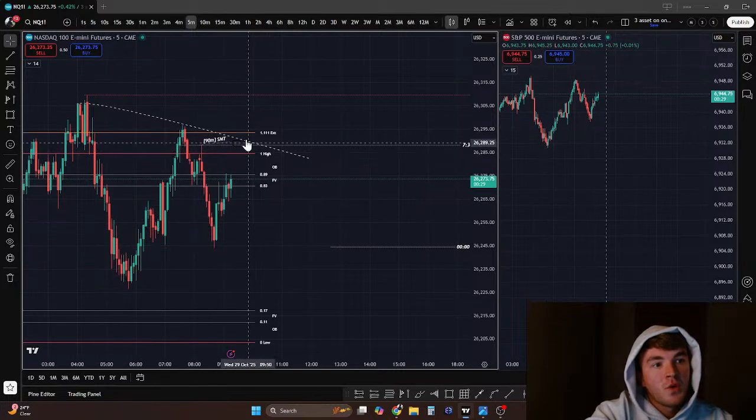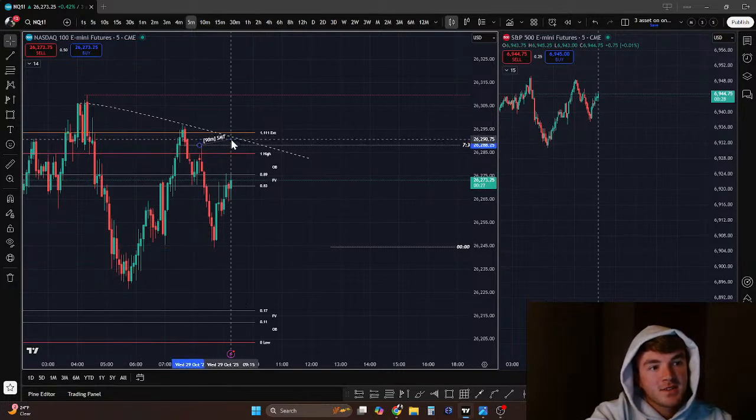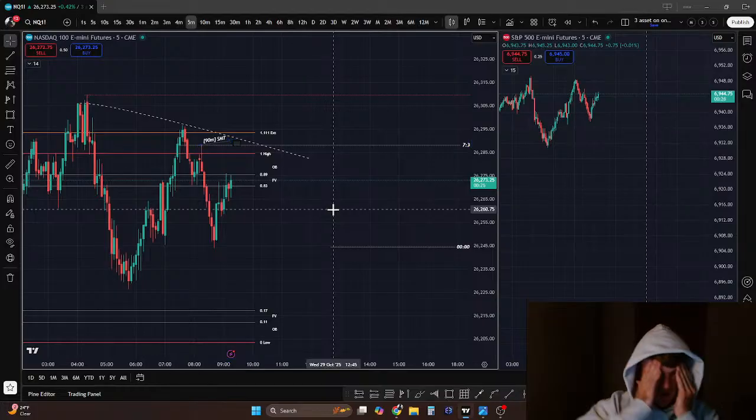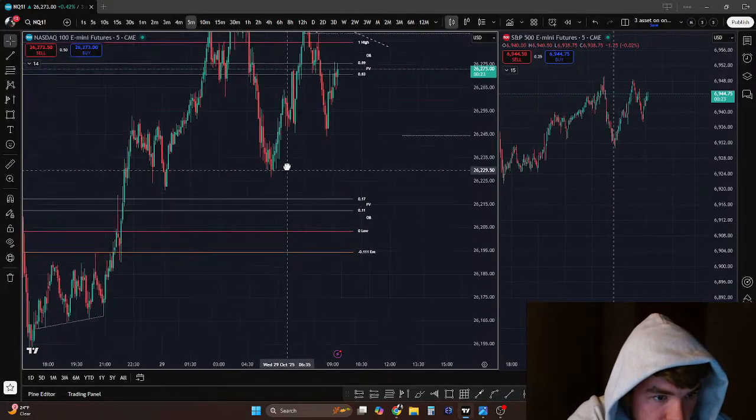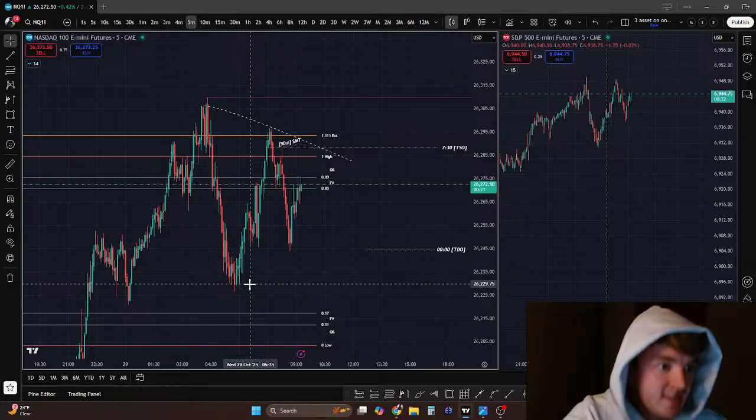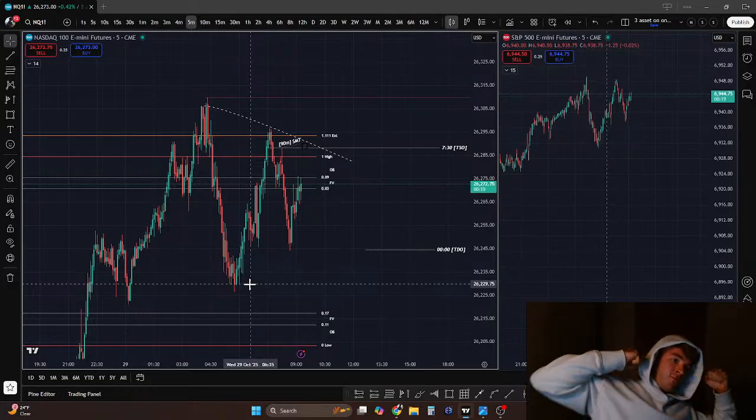This would be a sweep at the high of the dealing range too. That's really interesting.